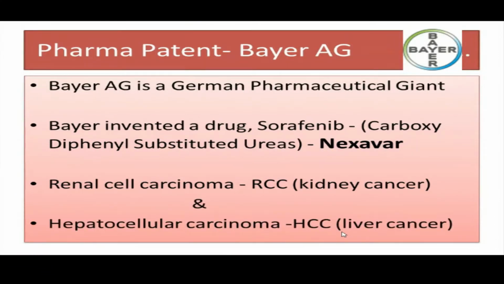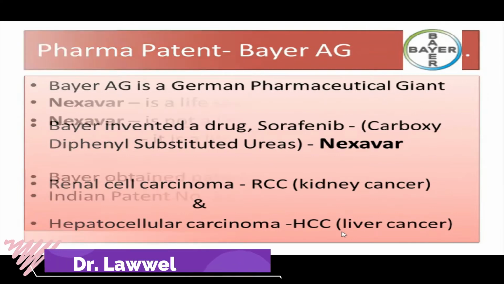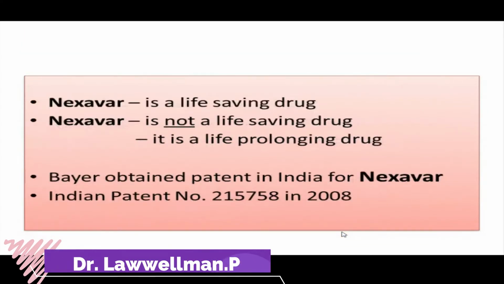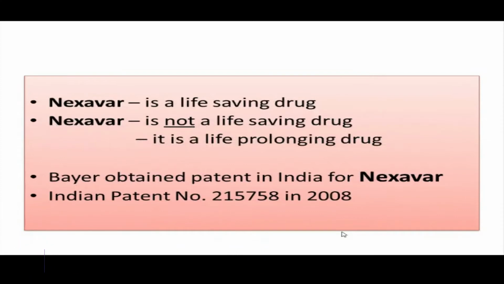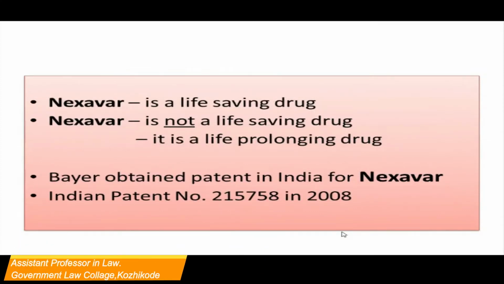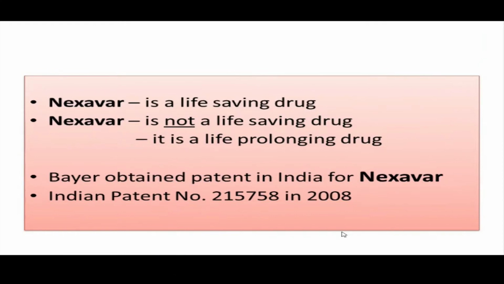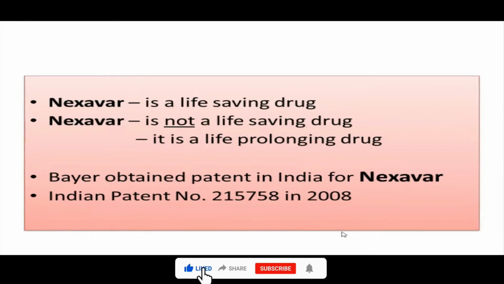These drugs can be used for RCC and HCC, which for the purpose of understanding can be understood as kidney cancer and liver cancer. Now, Nexavar is a life-saving drug in a way, but you can also say Nexavar is not a life-saving drug. It is a life-prolonging drug. It won't fully cure the disease, but it will definitely prolong the life of the patient.